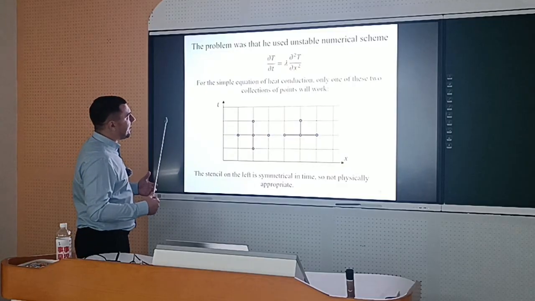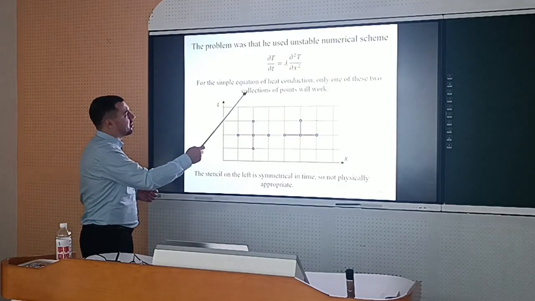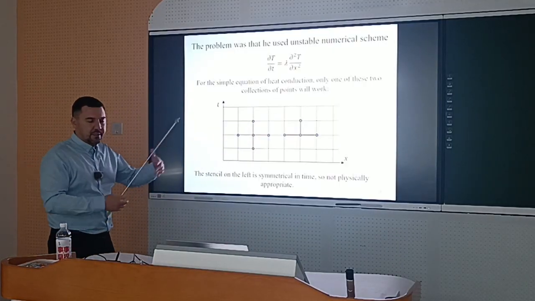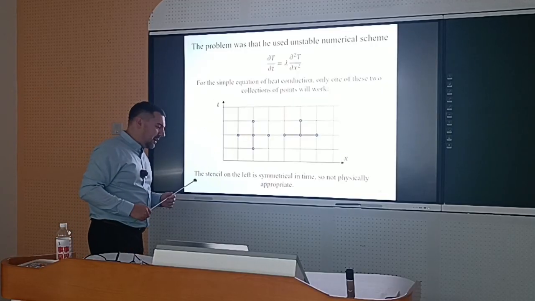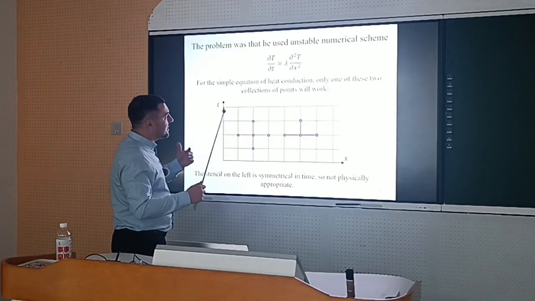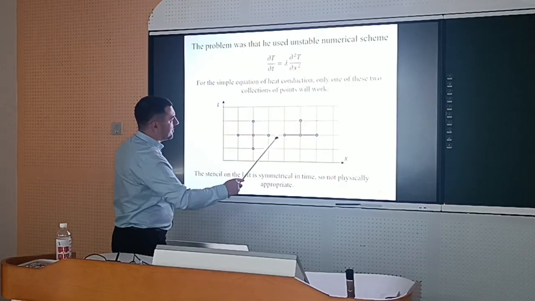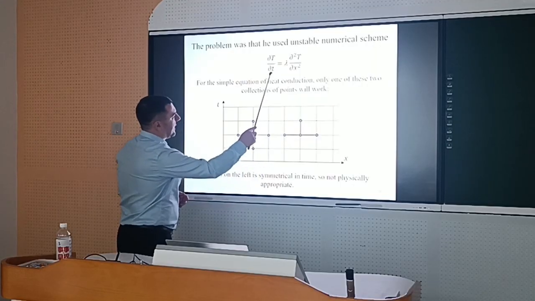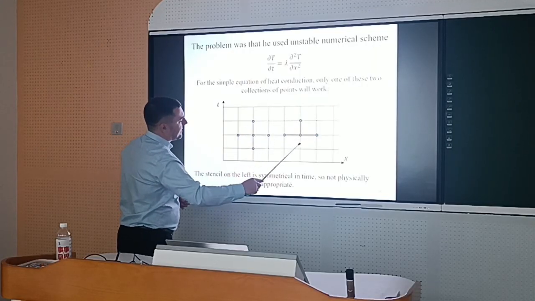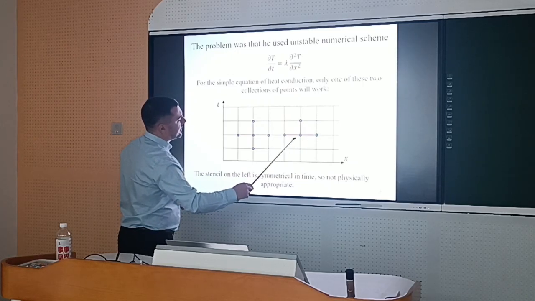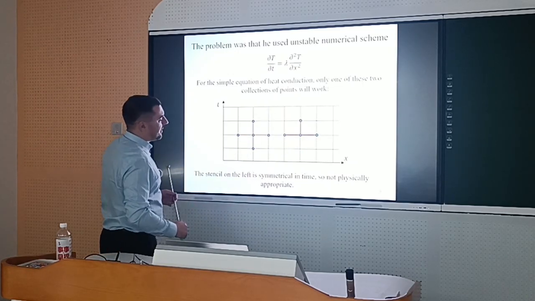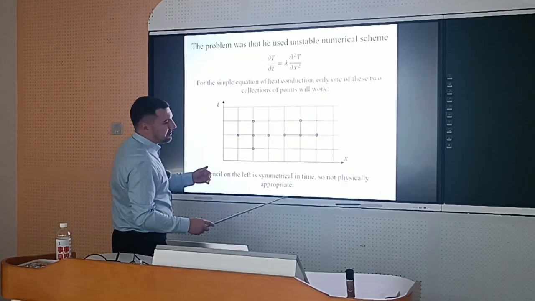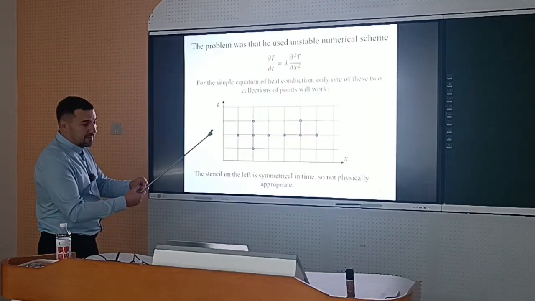So actually it can be illustrated for the simple equation of heat conductivity, because from a numerical point of view, his model is equivalent to just one heat conductivity equation. So it is known that for this equation, if you use this numerical stencil, so you use the explicit derivative in time and the central derivative for the second derivative with respect to x, this numerical scheme is stable if the time step is small enough.